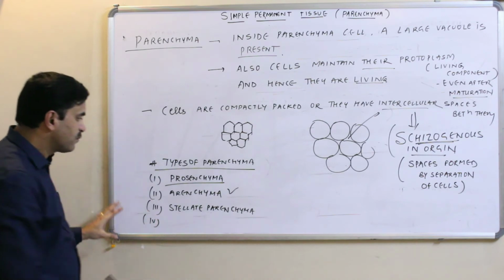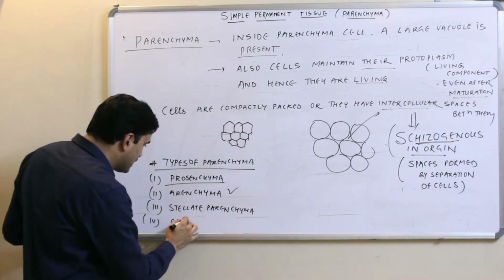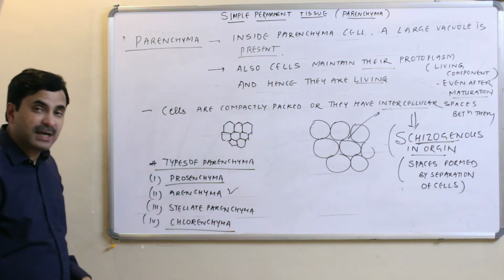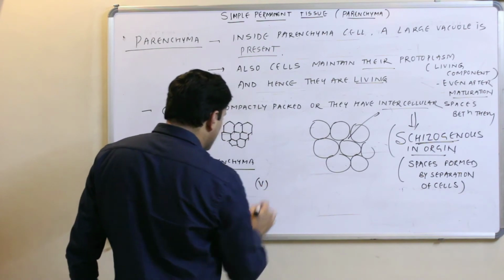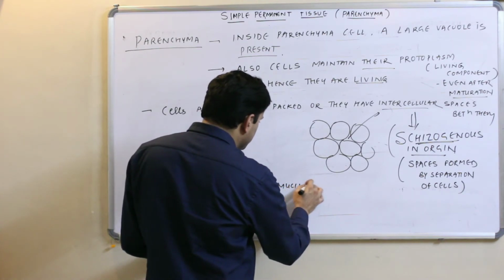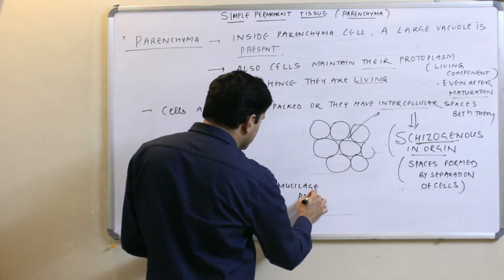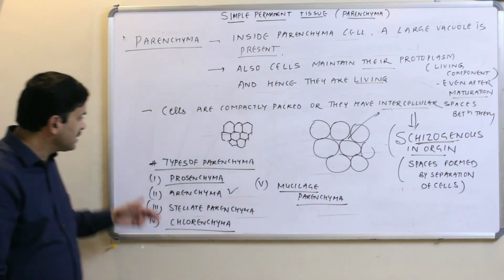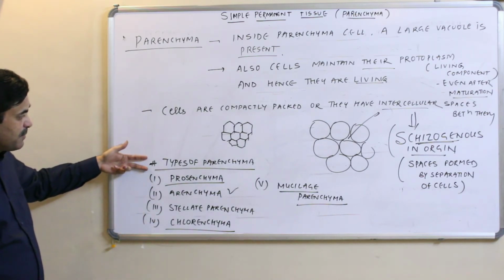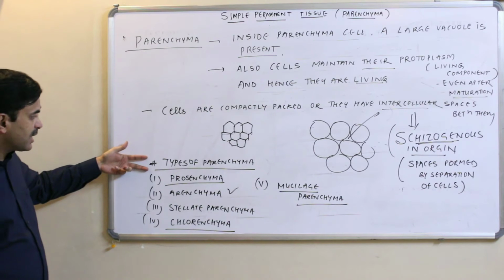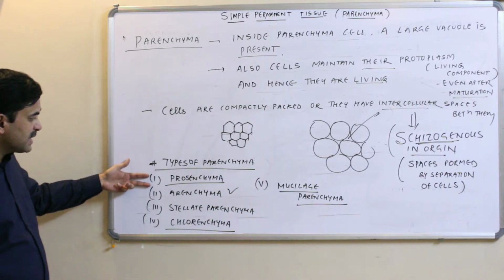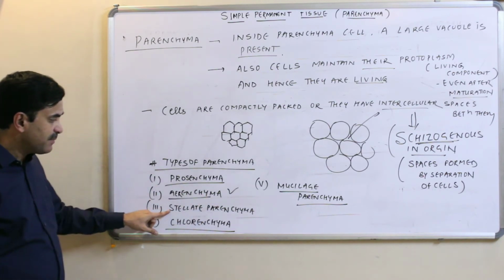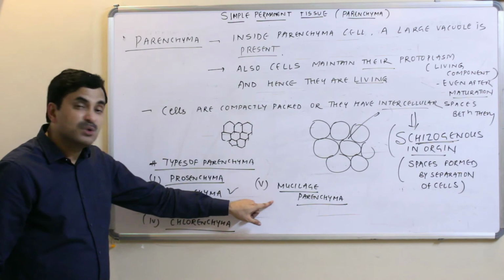The fourth one is Chlorenchyma, not Cholenchyma, and the fifth one is mucilage parenchyma. Again I am repeating: parenchyma are generally of 5 types: Prosenchyma, Aerenchyma, stellate parenchyma, Chlorenchyma, and mucilage parenchyma.